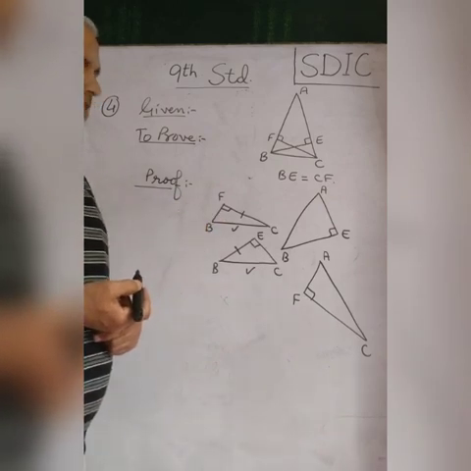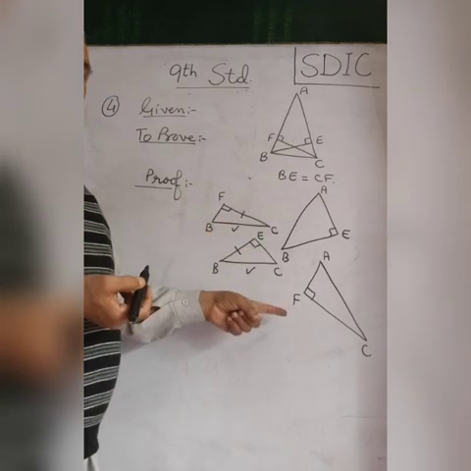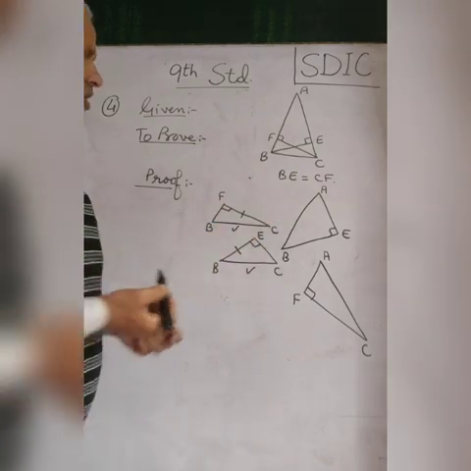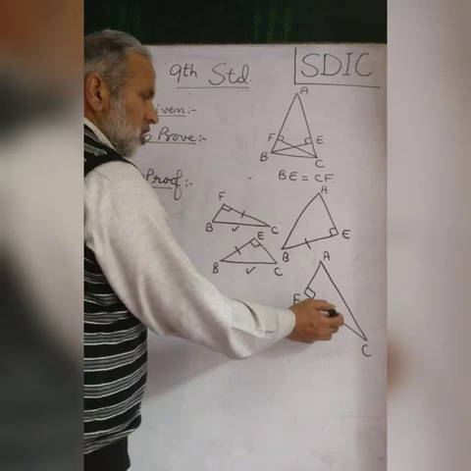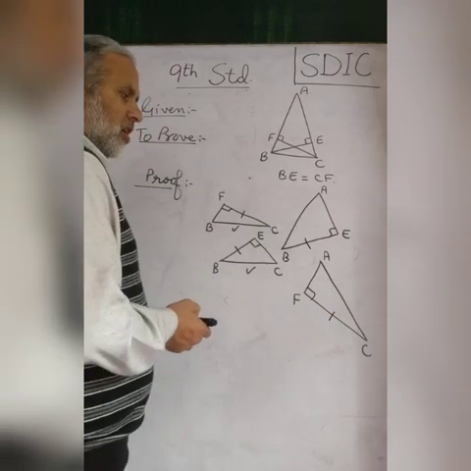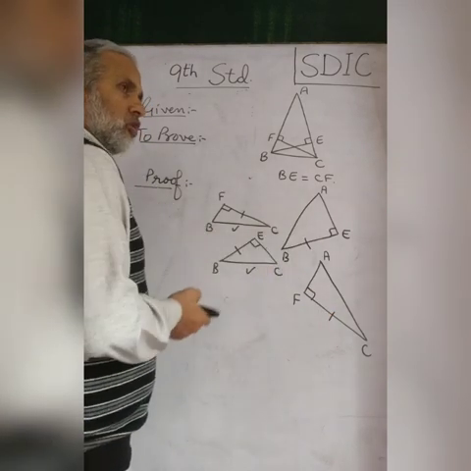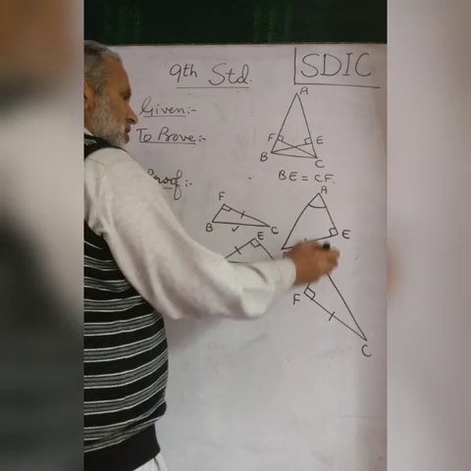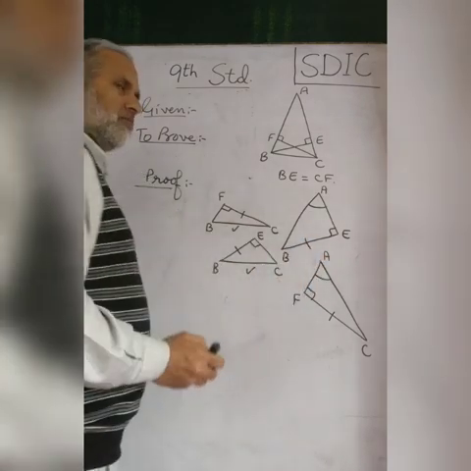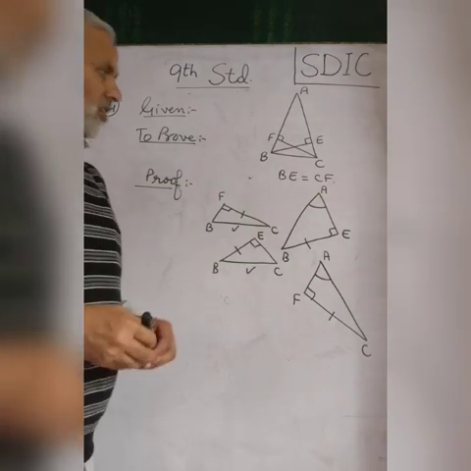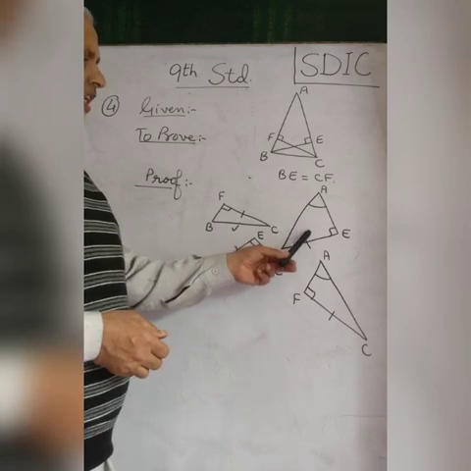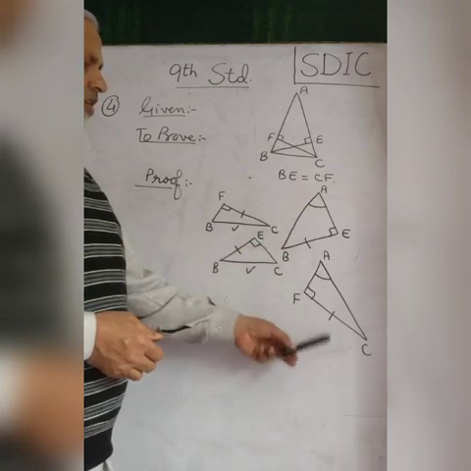But here the congruency cannot be proved by using the RHS rule. What do we have this time? BE we know is equal to CF. We have the angle of 90 degrees also. The third element in this case will be the common angle A. Thus, this time we have two angles and one side of one triangle equal to two angles and one side of another triangle.